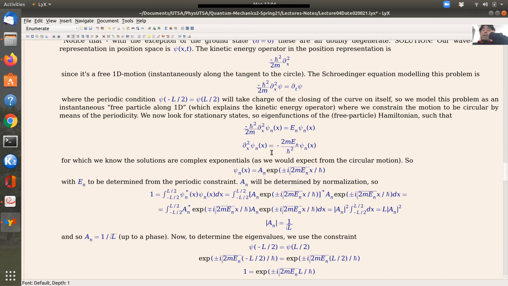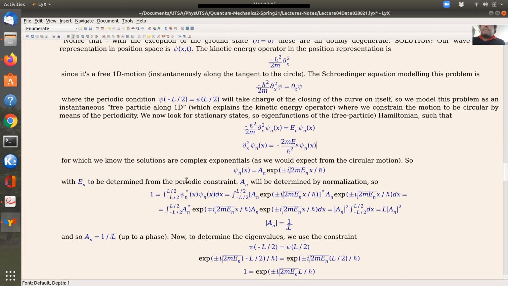You have the plus or minus because you have a second order ODE. You can basically use the total derivative because psi_n, since it's the eigenfunction, is only a function of x. So for a second order ODE, you have two possible solutions for the general solution. We'll have to consider both. So just wait on that. And the eigenvalue, E_n, has to be determined from the periodic constraint.